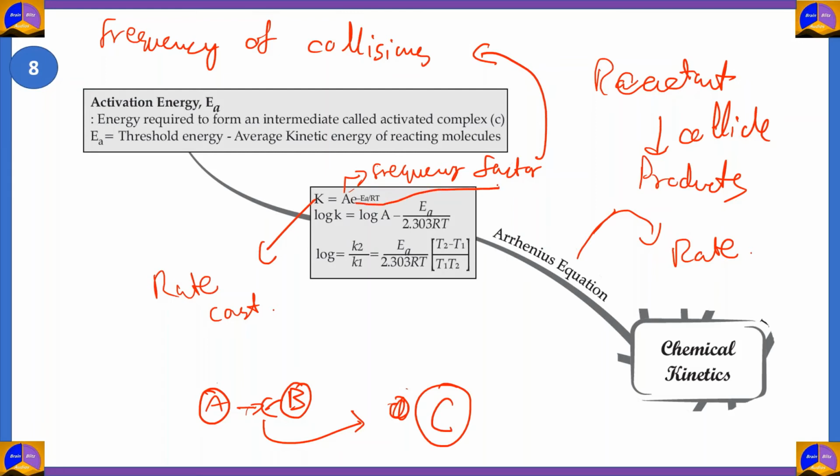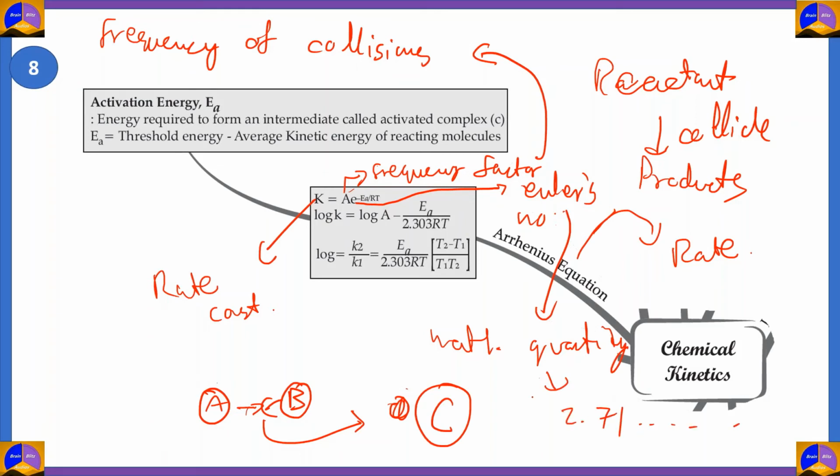What about E? E is Euler's number. This is a mathematical quantity which is approximately equal to 2.71, and that number is also endless.